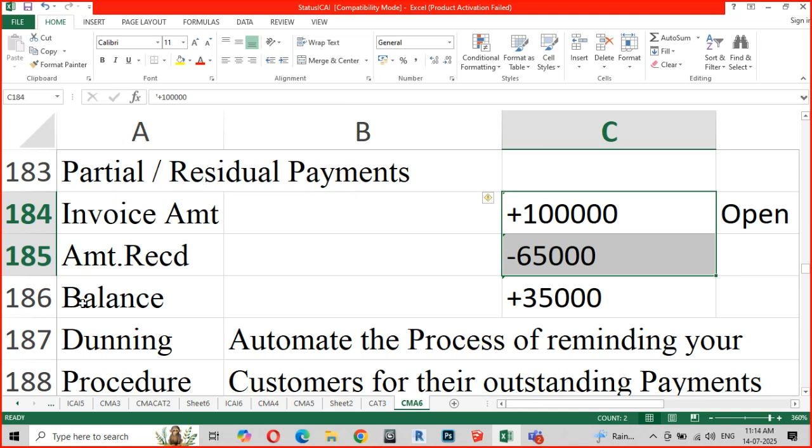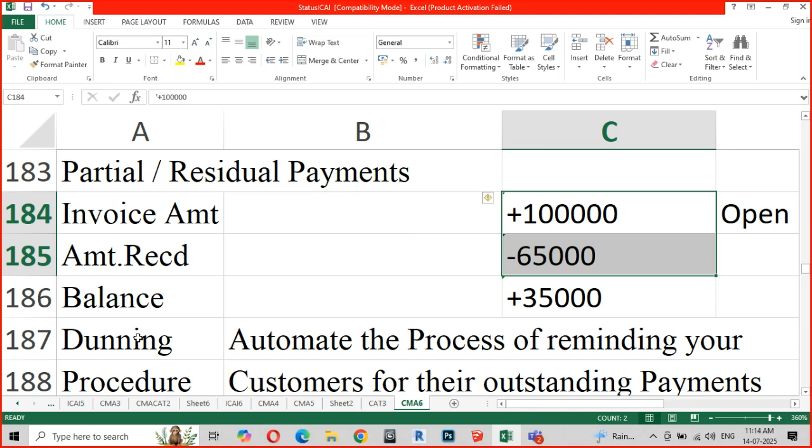Now, we spoke about balance confirmations. This is also very much available on the customer side. We saw the balance confirmations from the vendor side, and the same concept is available on the receivable side.